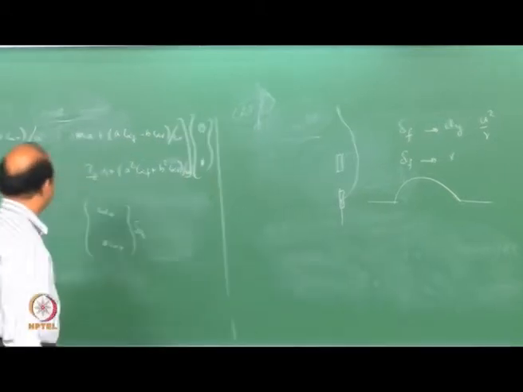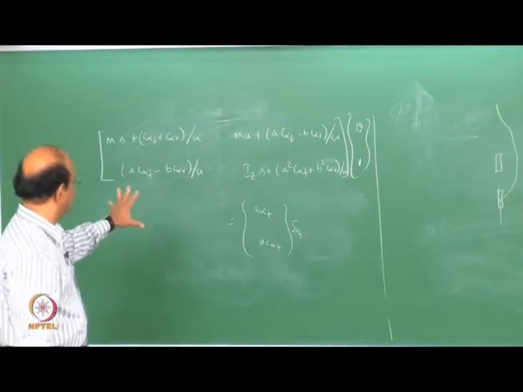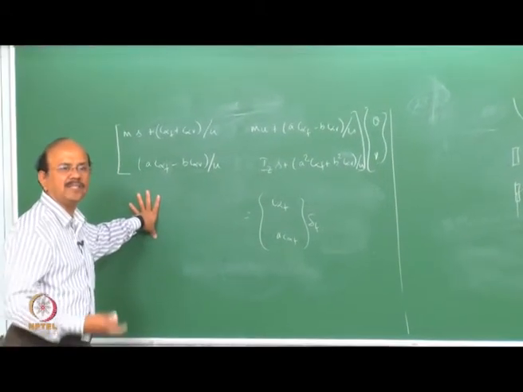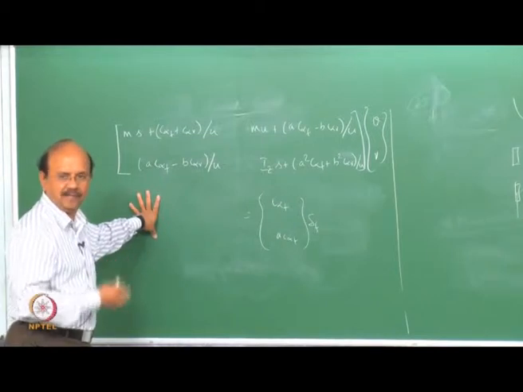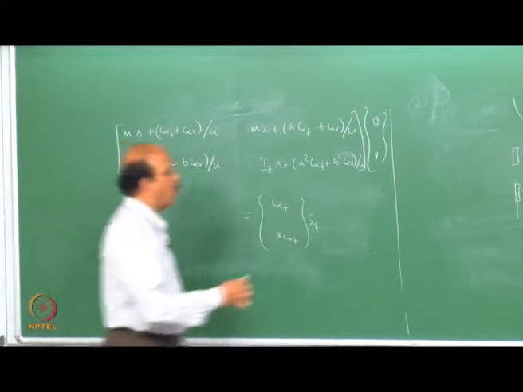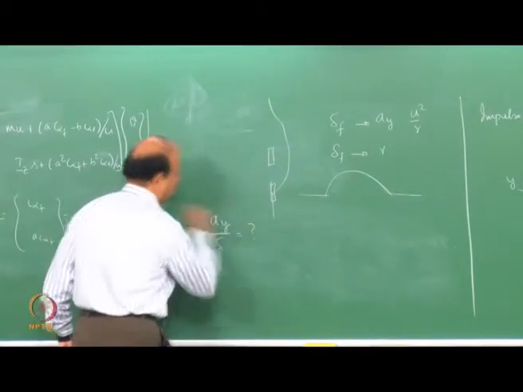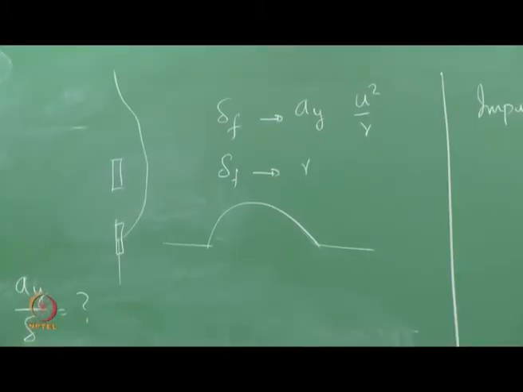Now, how am I going to determine that from this expression? In our control system language we call this the gain. That is the lateral acceleration gain.